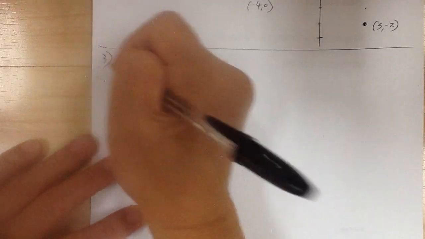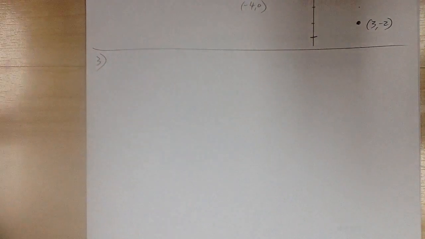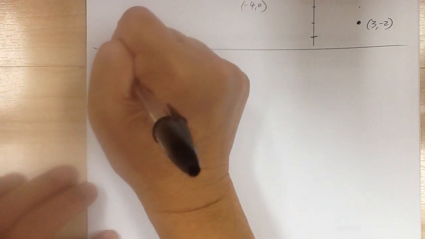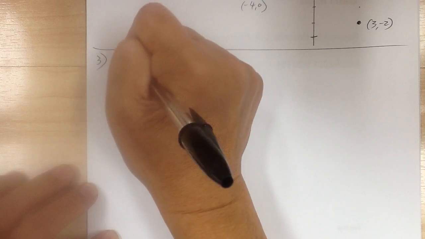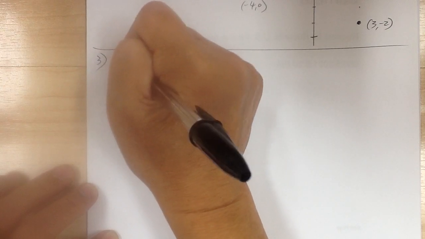Okay, let's go to number 3. You're doing the same thing with different points. So you have (6, -4), (3, -2), (0, 0), (-3, 2), and (3/2, -1). You got to watch for the signs.